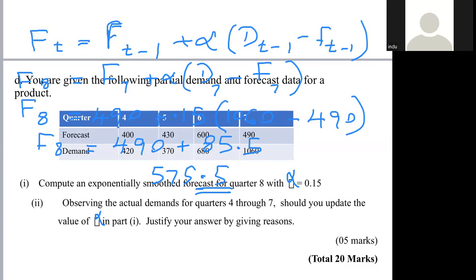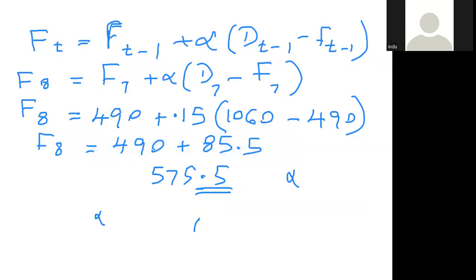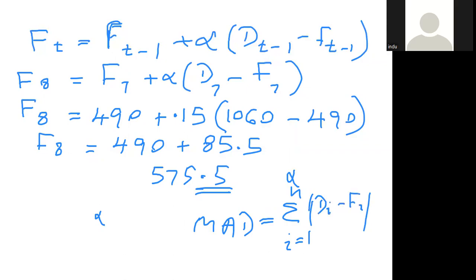We know there are several methods we can apply to find the forecast accuracy of the forecasted value. It's very simple. One is MAD, we know, no? Mean absolute deviation. We know the formula also: sigma i equal to 1 to n, the absolute value of actual value minus forecasted value in each period, divided by the number of periods.